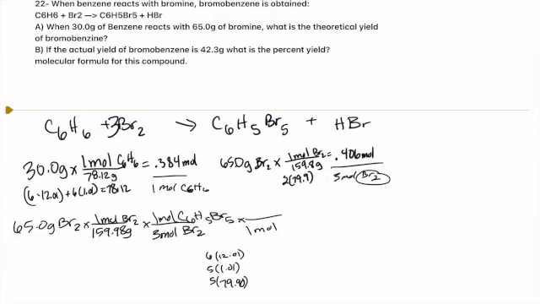So we have 6 times 12.01 carbons, 5 times 1.01 hydrogens, and 1 times 79.90 bromines. This is obviously a pretty heavy compound here. And so you're probably doing the math quicker than I am.